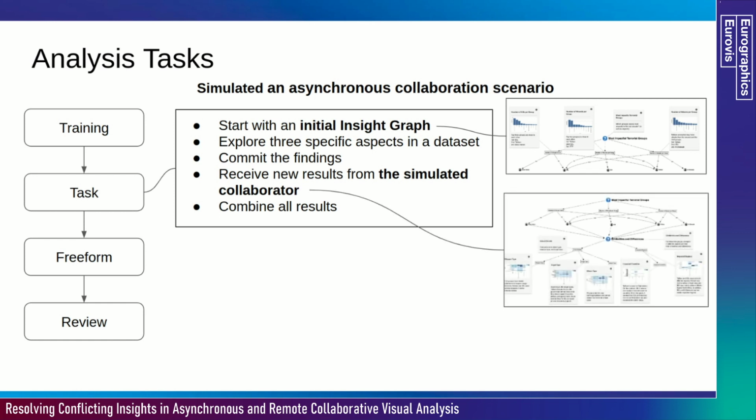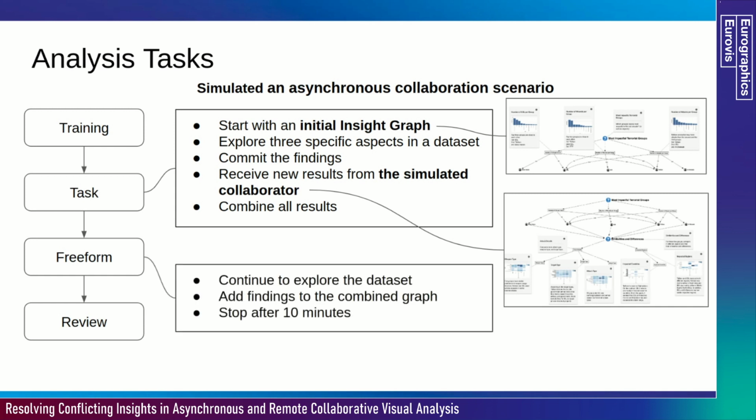So the participant has to combine all the results before pushing them to the server. After the test stage is completed, participants are asked to continue to explore the dataset and add more findings to the combined results. They have 10 minutes, and they can explore any aspects they want in the dataset.